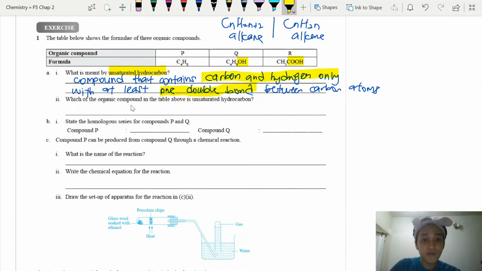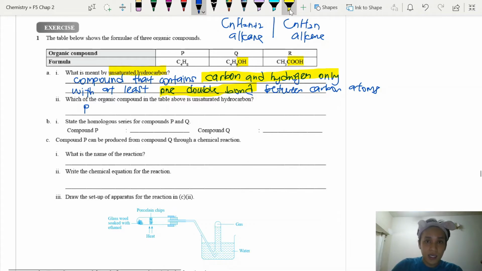Which of the organic compounds is unsaturated? It's P, right? This one, OH, is alcohol. This COOH is carboxylic acid. That is how we identify the homologous series.